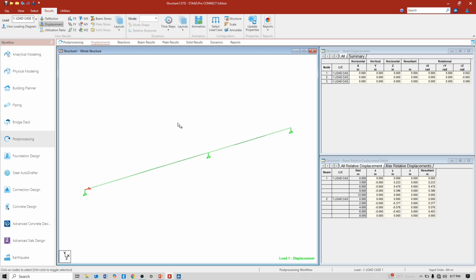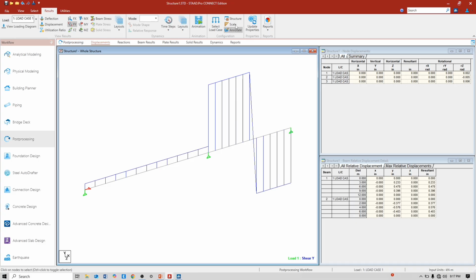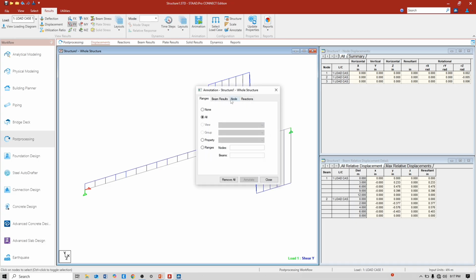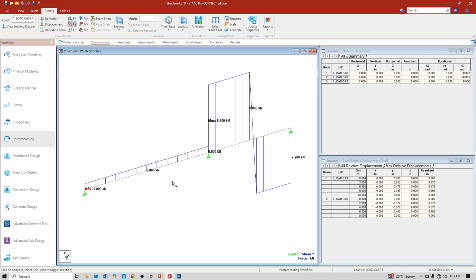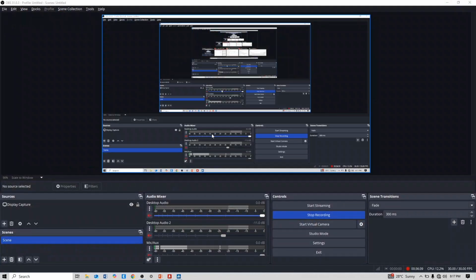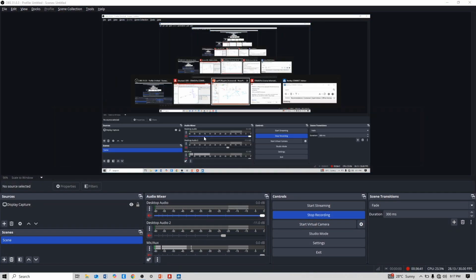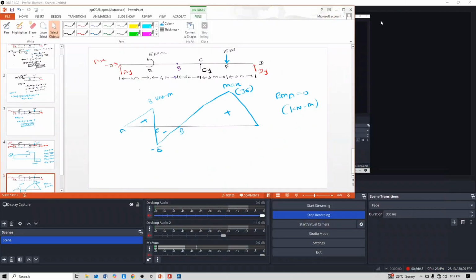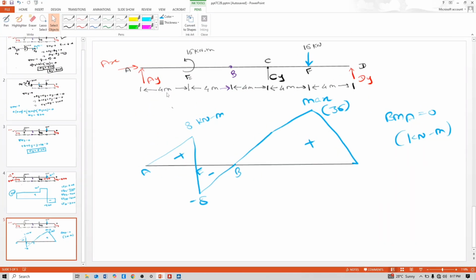So now see first deflection. See this. Now see reaction. See.